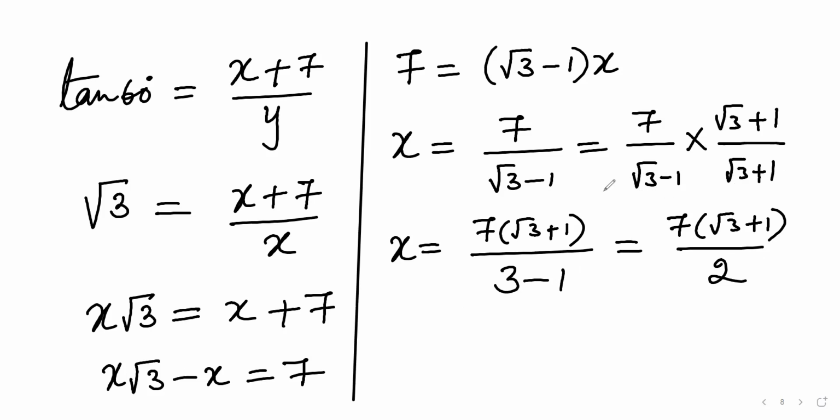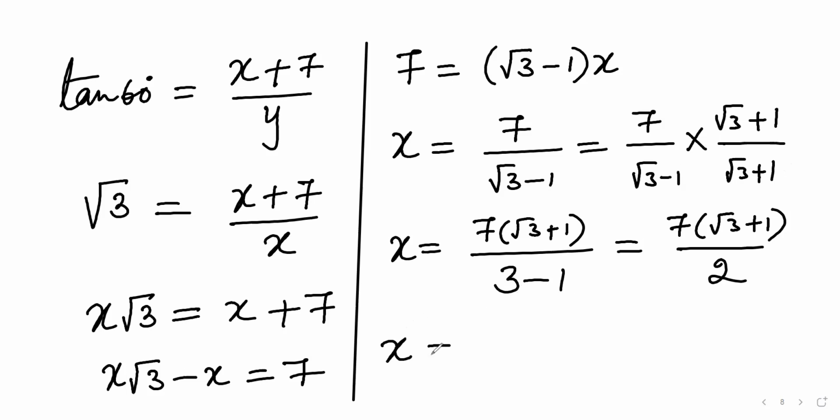Here we have done the rationalization. The squares cancel each other, so we are left with 3 minus 1, that is 2.